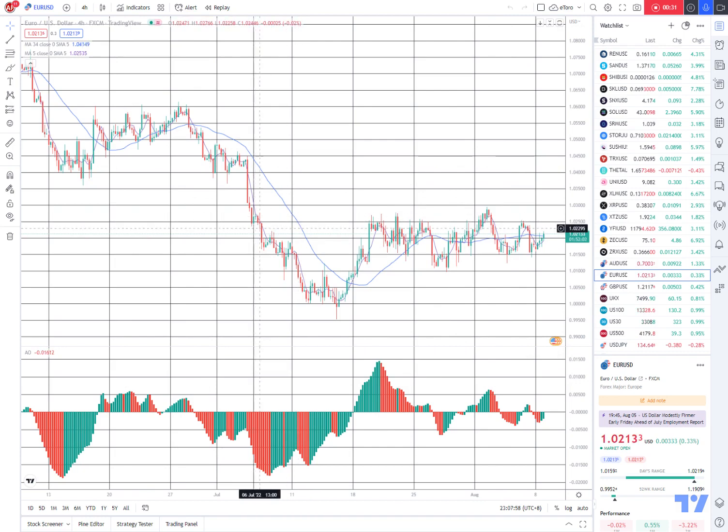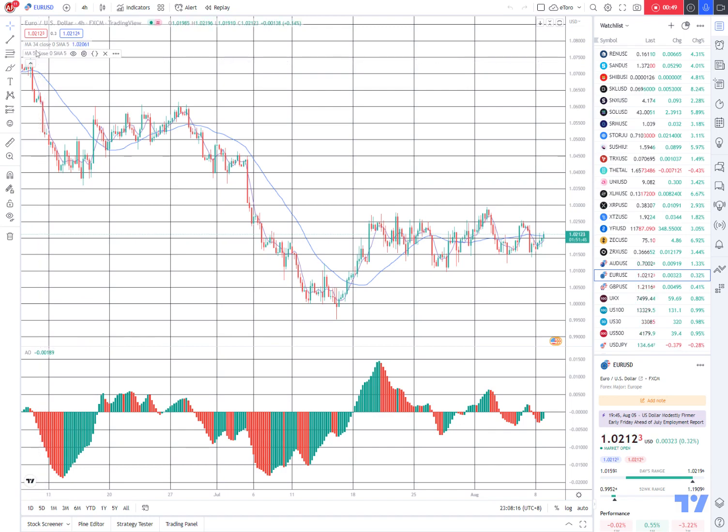I have two moving averages as per my previous videos. These two moving averages are 34 and 5 period, and they're just normal moving averages.